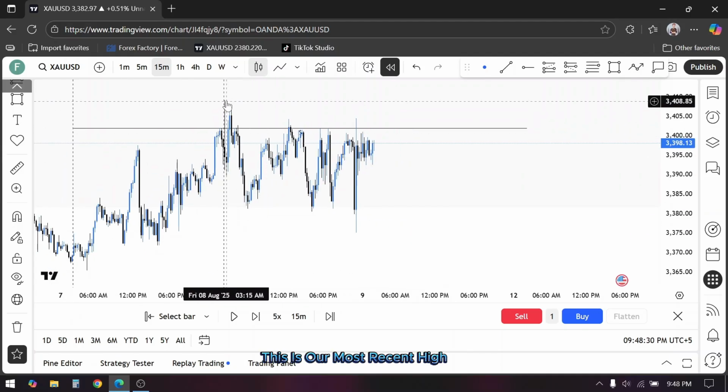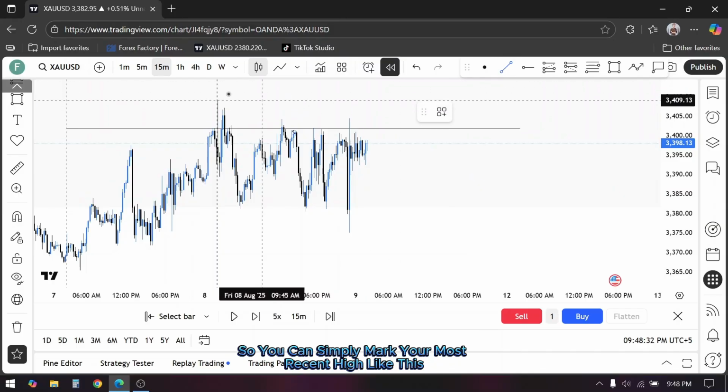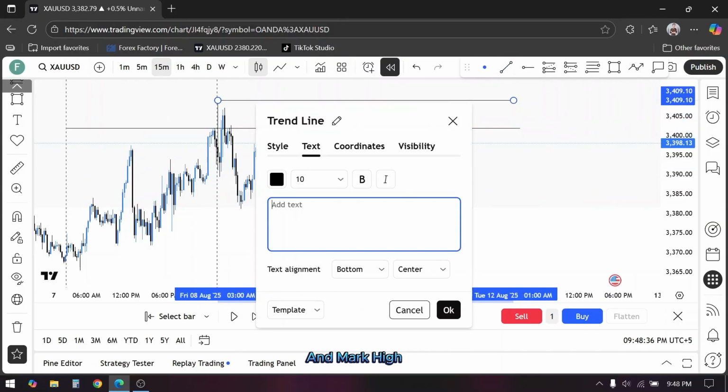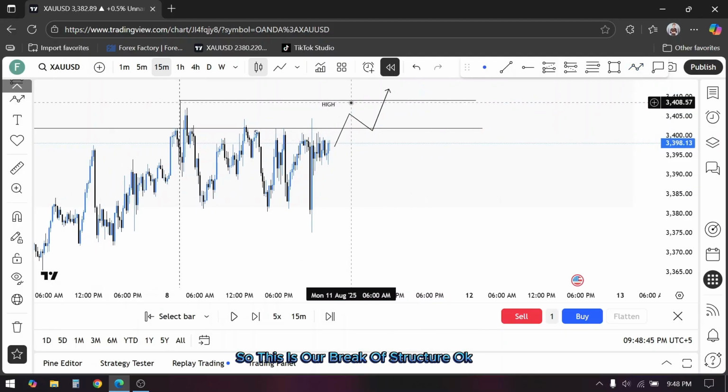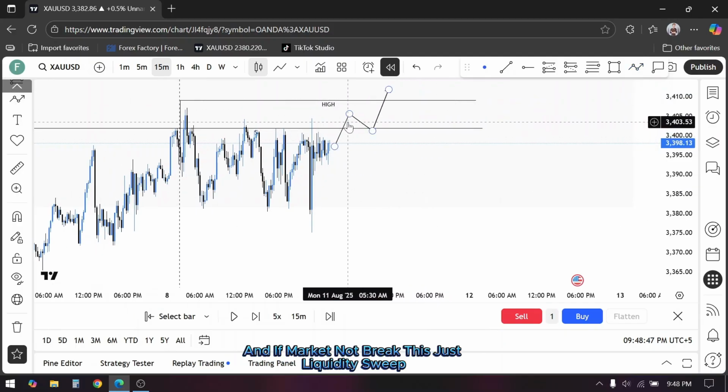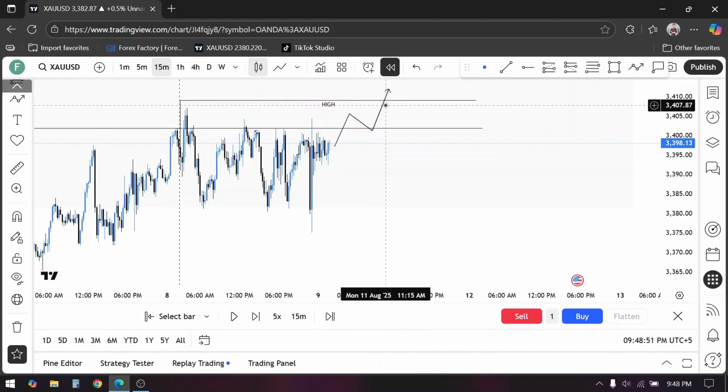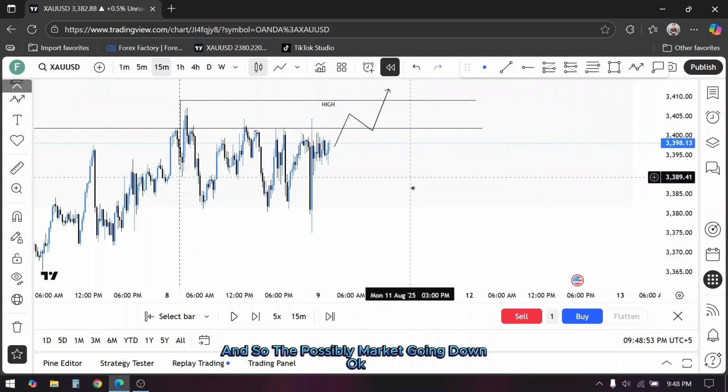This is our most recent high. So you can simply mark your most recent high like this. Let's suppose if the market breaks this, then this is our break of structure. And if the market does not break this, just a liquidity sweep, then possibly the market goes down.